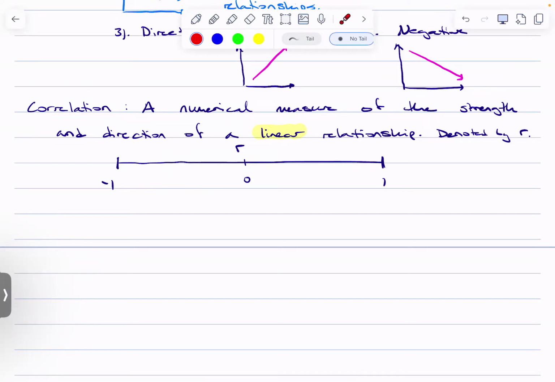It's a good place to start. All right, so here, this tells me I have a negative relationship, and a positive correlation tells me I have a positive relationship. Seems reasonable enough.